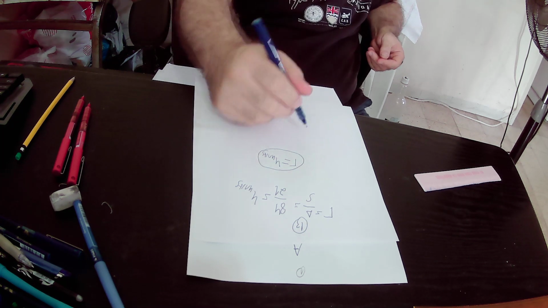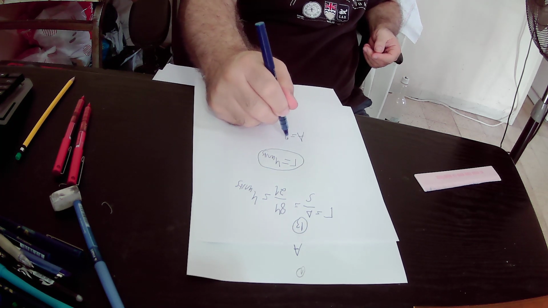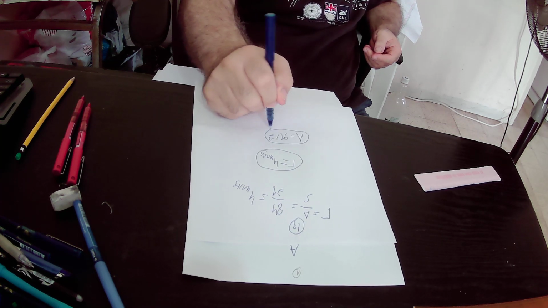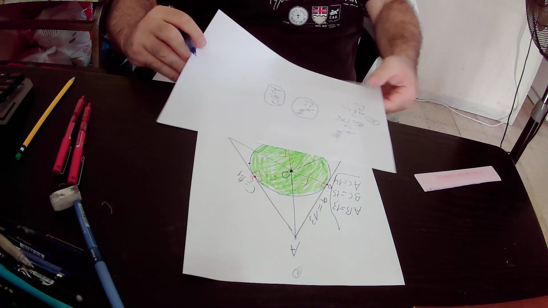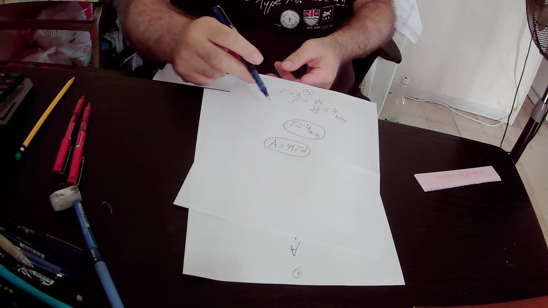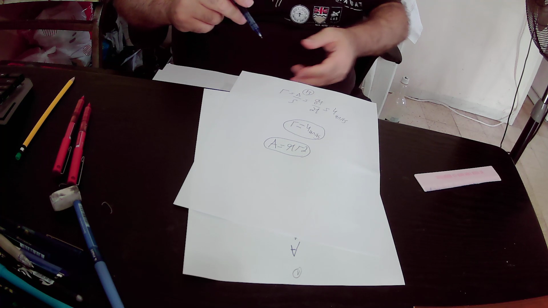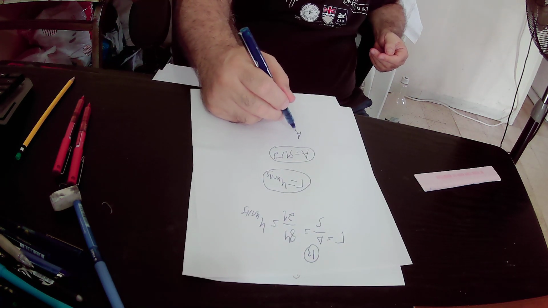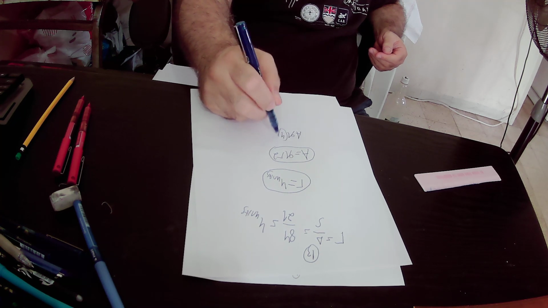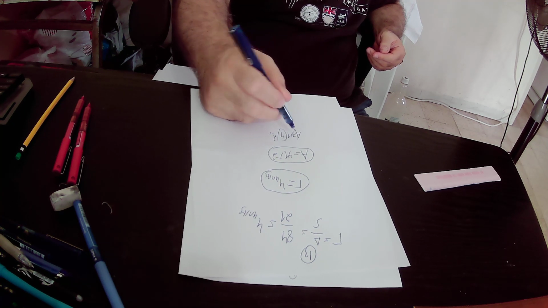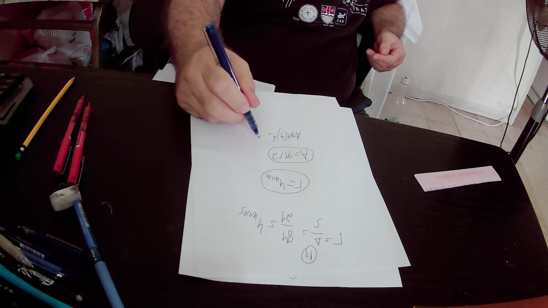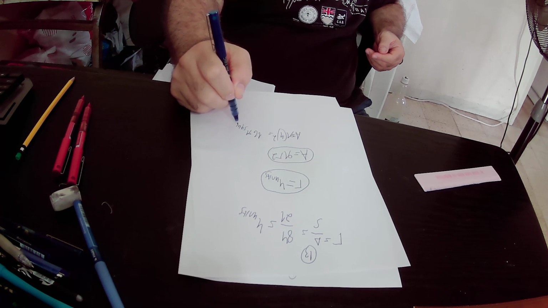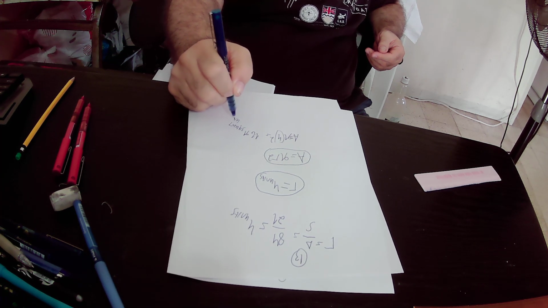And the formula for the area of any circle is pi times the radius of the circle squared. We know that R equals 4 units, so we substitute R by 4, and we get that the area of the green circle equals pi times 4 squared, which equals 16 times pi square units.